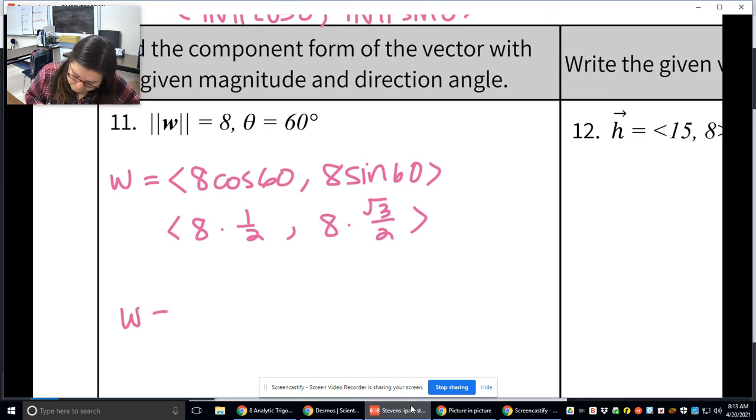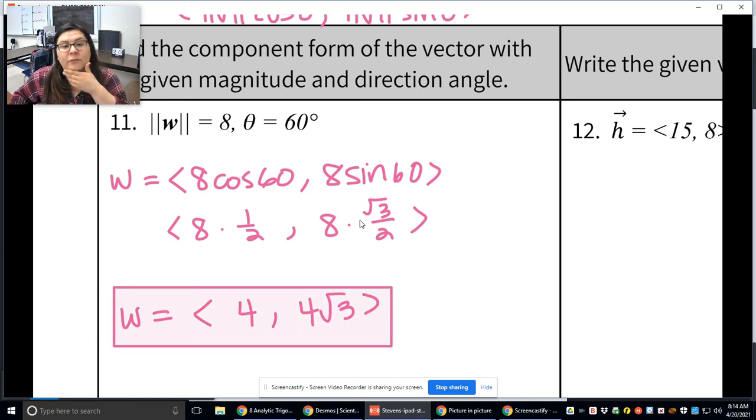Okay. 8 times 1/2, that's just 4. And then over here, I have 8 divided by 2, that is 4, but I still have that square root of 3, so 4 square roots of 3. And that's component form, so there's no longer any sine or cosine in there. We got actual numerical values.